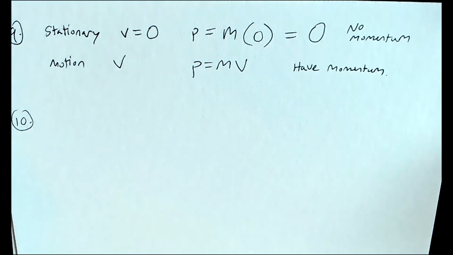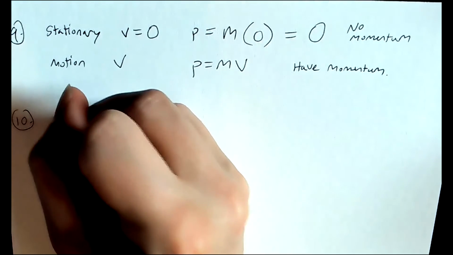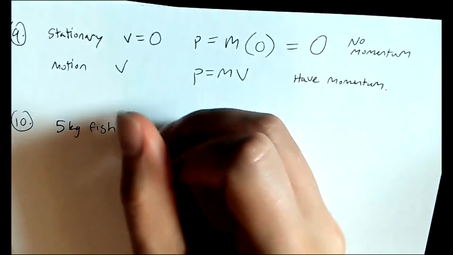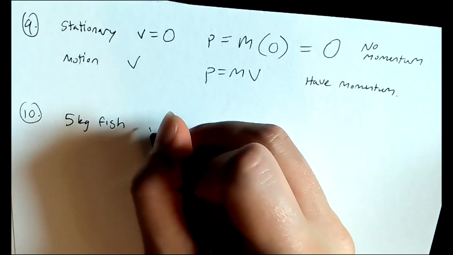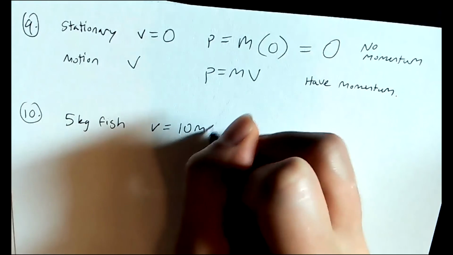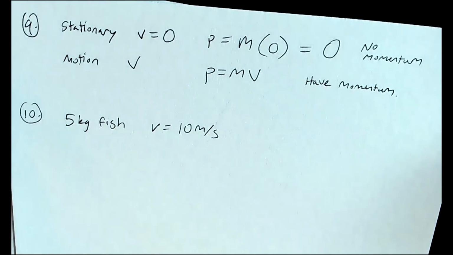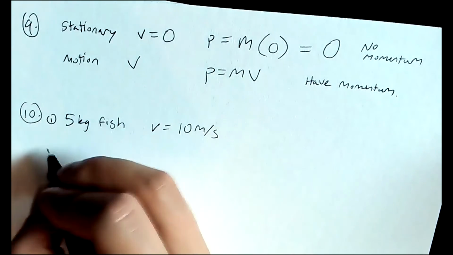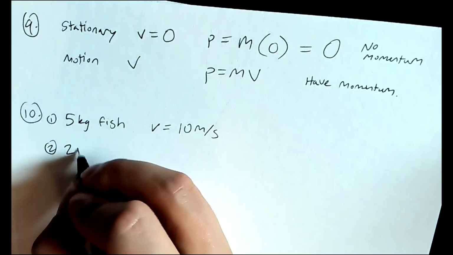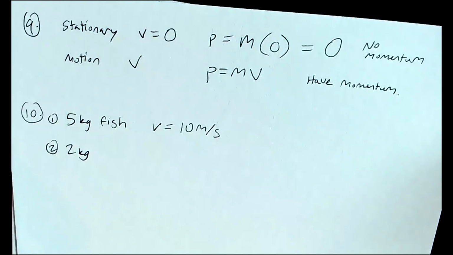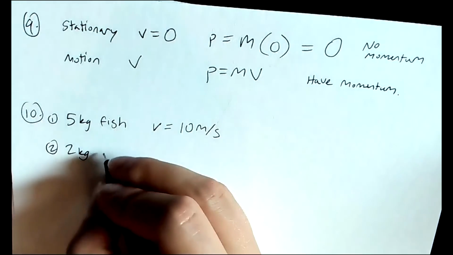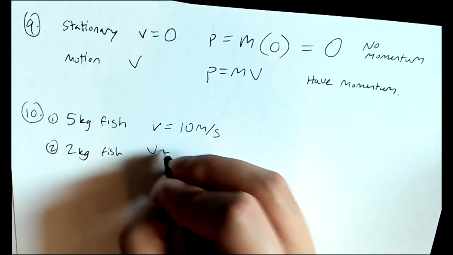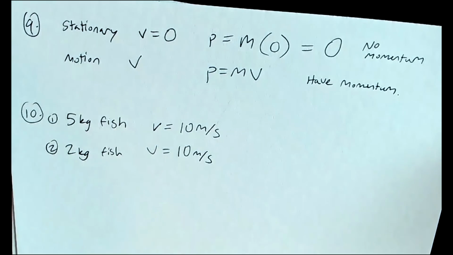And the last question for the mastery test, test bank questions are, which statement best compares the momentum of a 5-kilogram fish swimming at a speed of 10 meters per second? So that's our first fish. We have another fish. We got a 2-kilogram fish, and he's swimming at 10 meters per second.